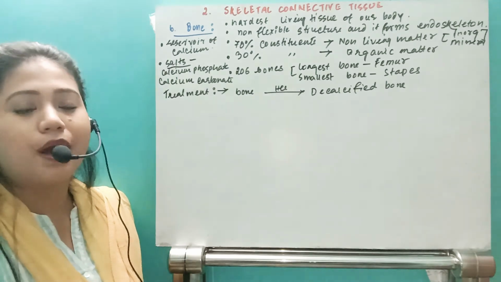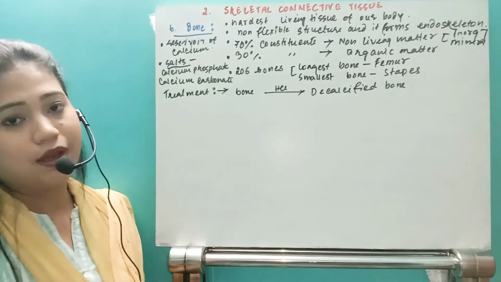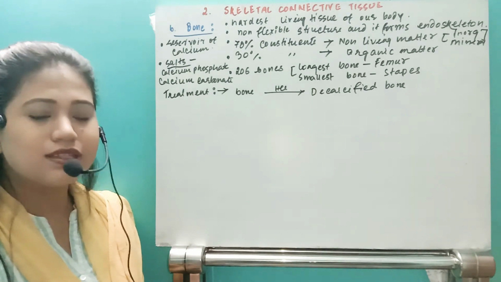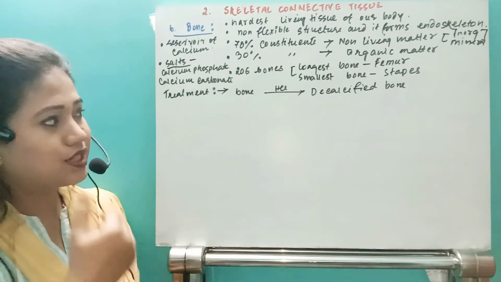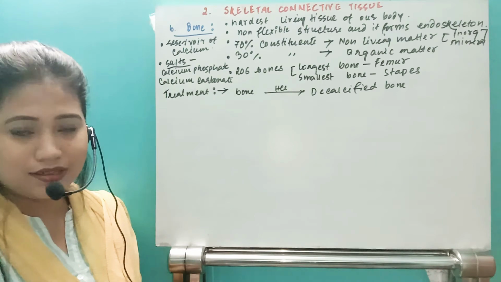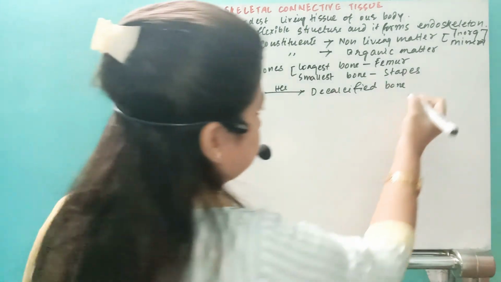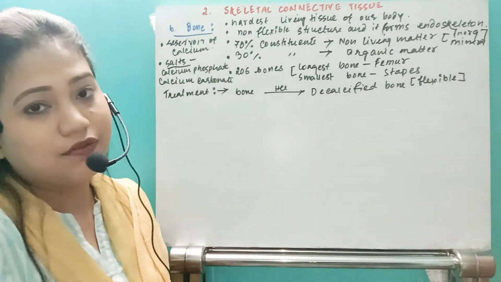Whenever this calcium part is removed, what will happen? The bone becomes flexible, because this calcium makes the bone harder, isn't that so? If the calcium is removed during treatment with hydrochloric acid, it becomes flexible. Remember that it becomes flexible. That will be known as decalcified bone.